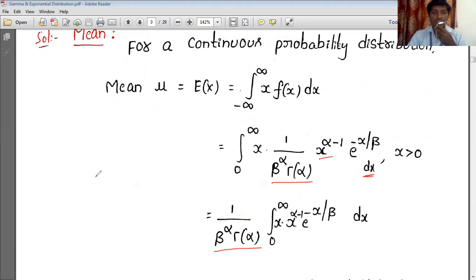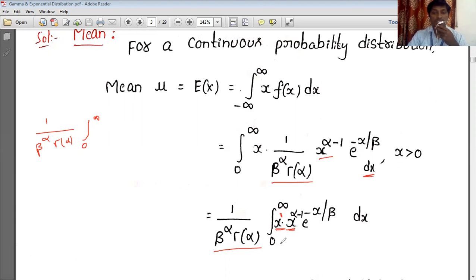Now we are going to simplify this. The constant 1 by beta power alpha gamma alpha we write here. Next, if we observe the integral from 0 to infinity, this is in the form of a power m times a power n, where m is nothing but 1.